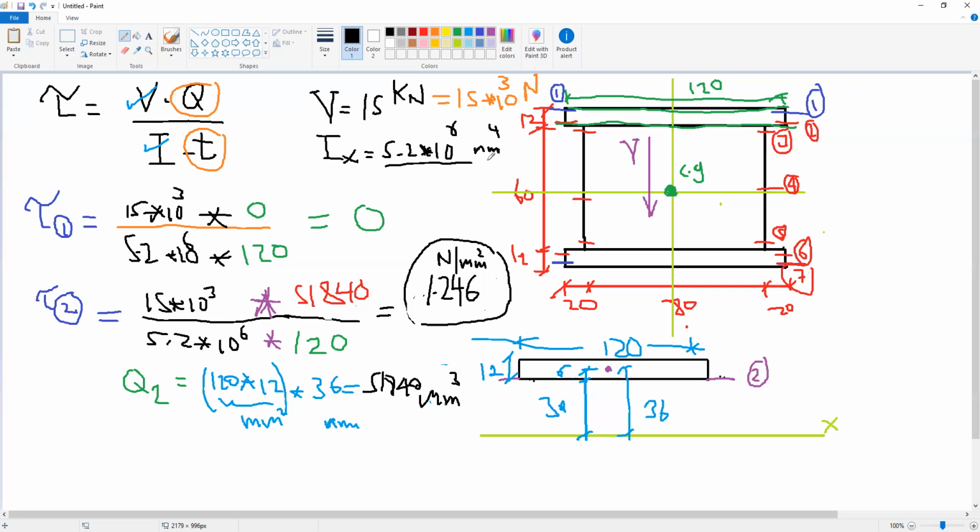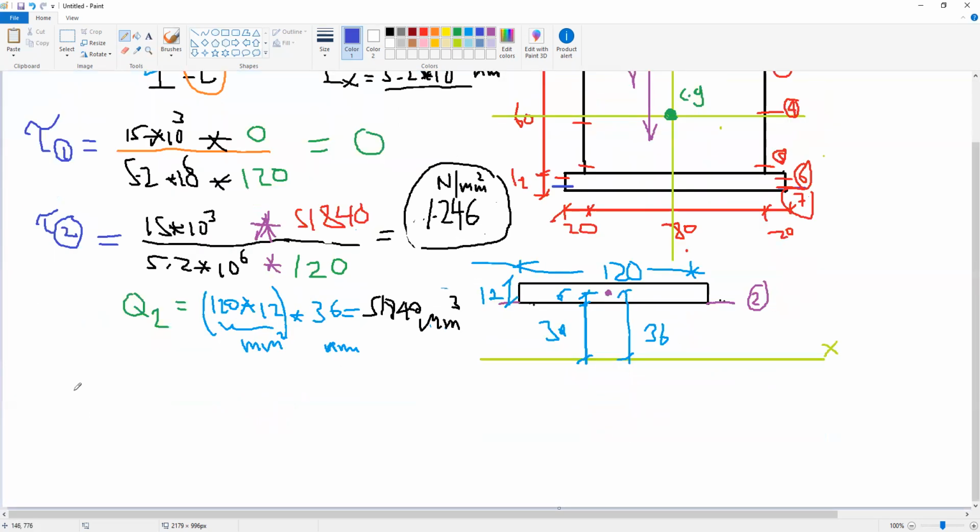Now we have to calculate at section 3. If you have a look at section 3, the shear force is still the same, 15 times 10 to the power 3. The inertia is still the same, 5.2 times 10 to the power 6. So what is the difference?